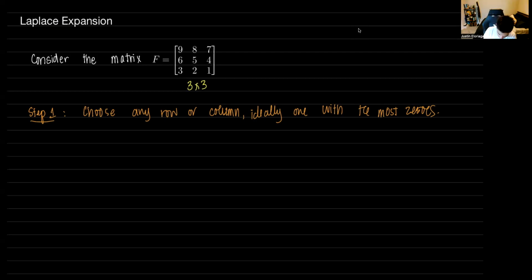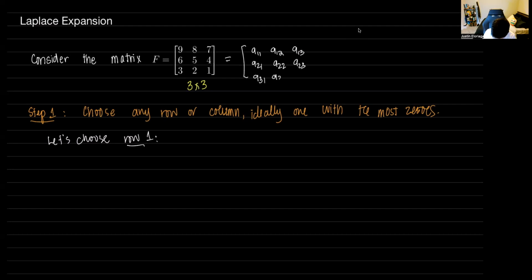In our example, let's choose row one. Notice this matrix here in general form: A11, A12, A13, A21, A22, A23, A31, A32, A33.